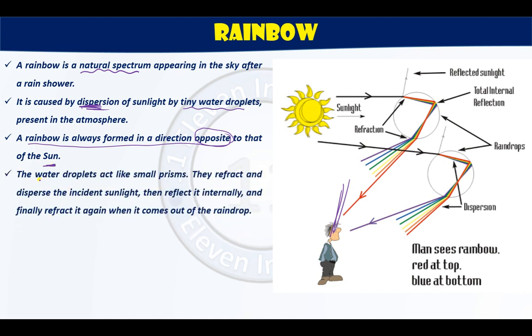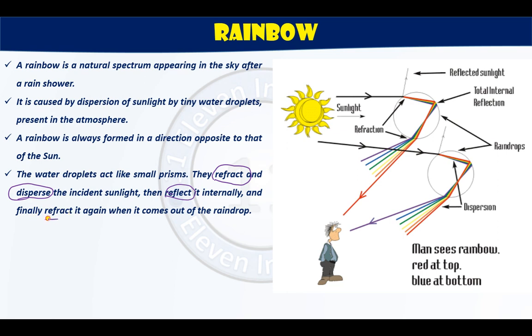The water droplets act like small prisms. This also I have mentioned. Same dispersion story is there. Instead of the prism, we are having water droplets. They refract, disperse the incident sunlight, and reflect it internally. See, this also I have mentioned. Three phenomena occur. Refraction occurs, dispersion occurs, and reflection also occurs internally, total internal reflection.